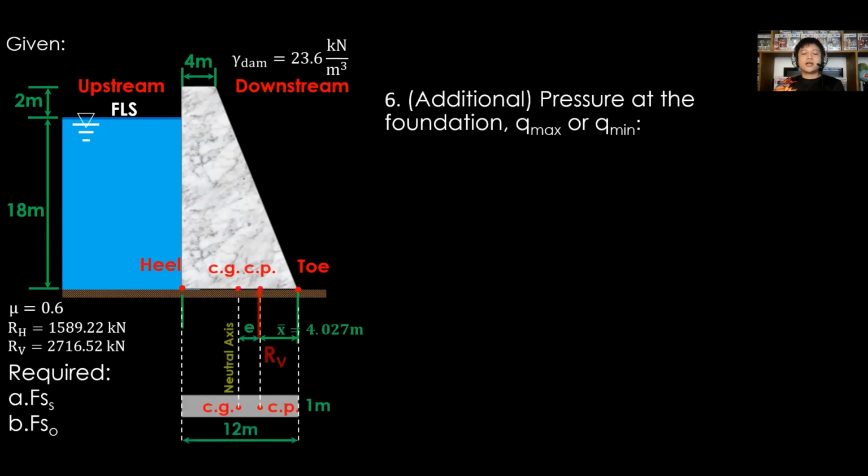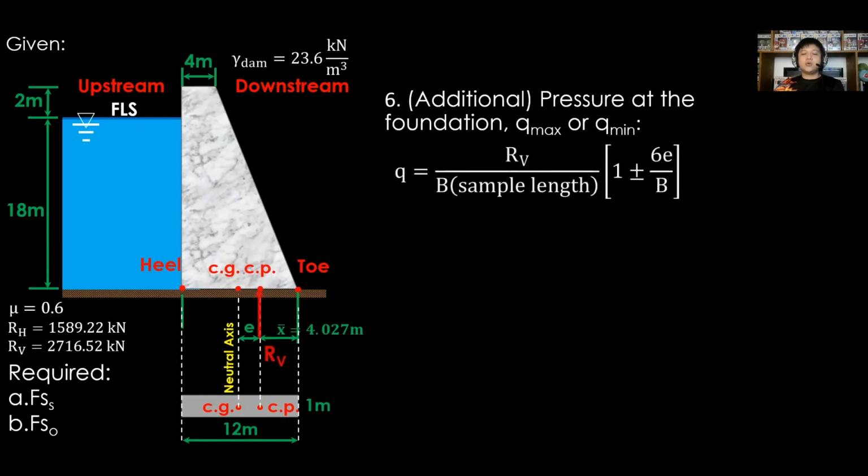Consider the projected rectangular surface of the base, assigning the center of gravity, and the center of pressure where RV is concentrated, and the distance from CG to CP, the eccentricity E. Apply the equation Q equal to RV over B times sample length, then multiply by the quantity 1 plus or minus 6E over B. Solve for E, and E is equal to B over 2 minus X bar.